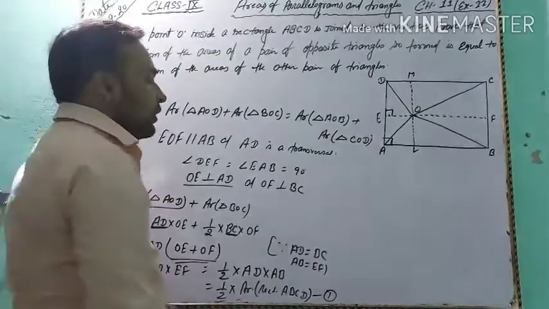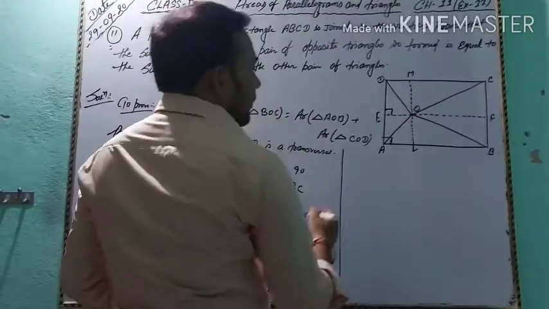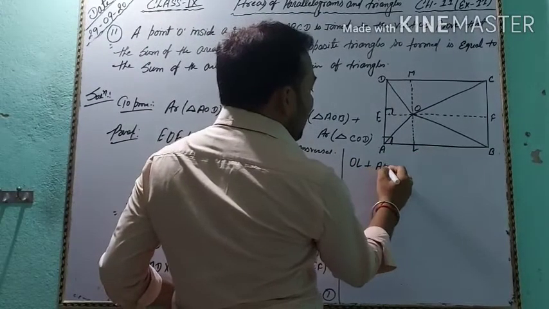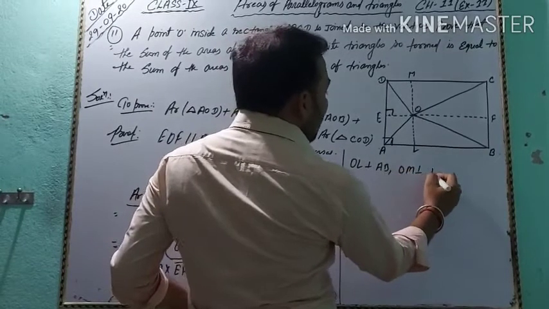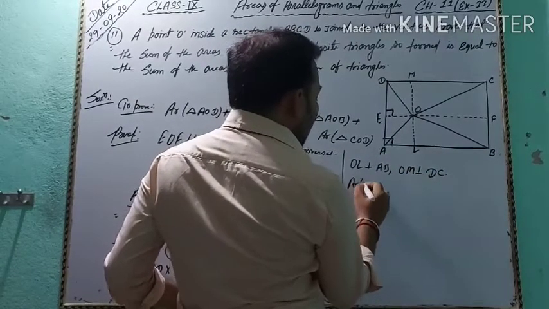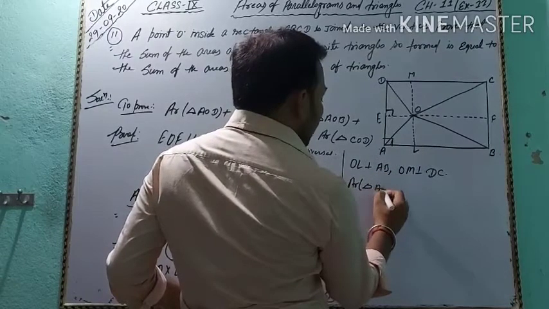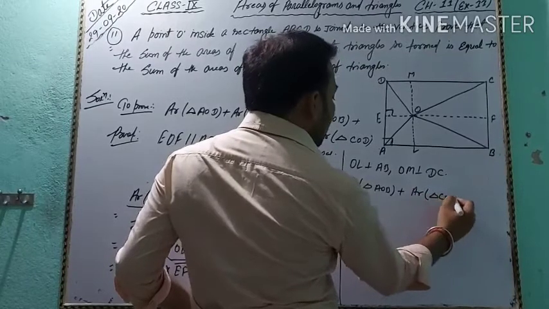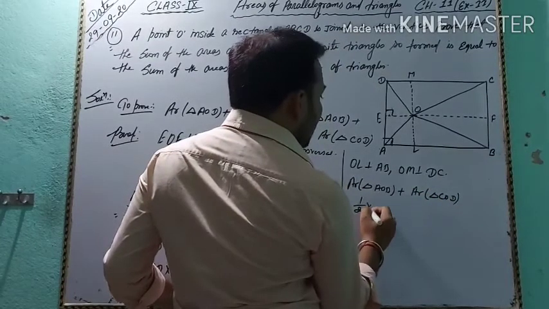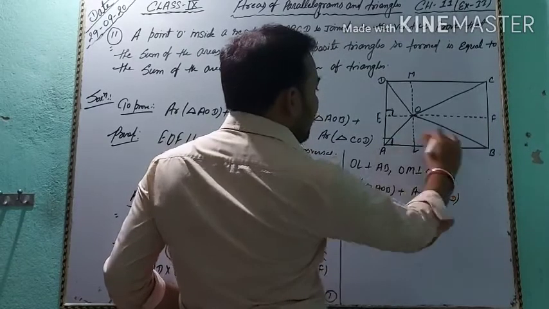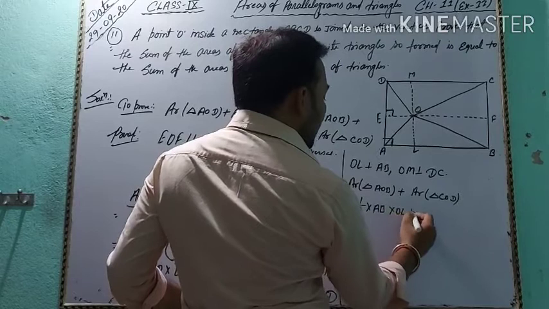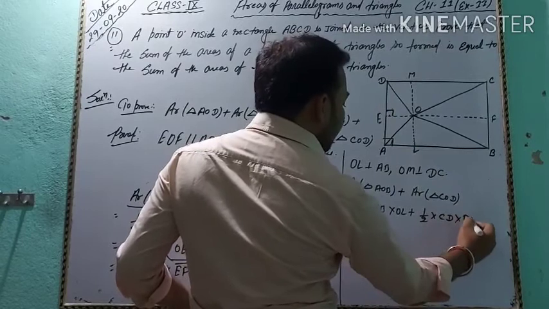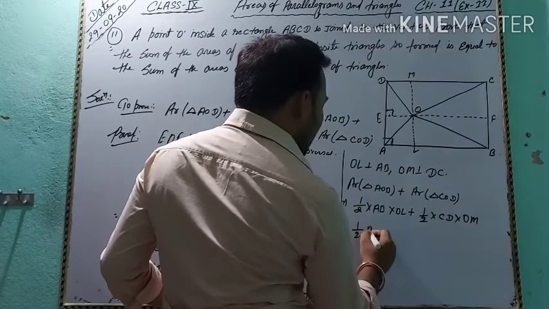Okay. So now OL is perpendicular to AB and OM is perpendicular to DC. So area of triangle AOB plus area of triangle COD: 1/2 multiply AB, base AB and height OL, plus 1/2 multiply base CD and height OM.